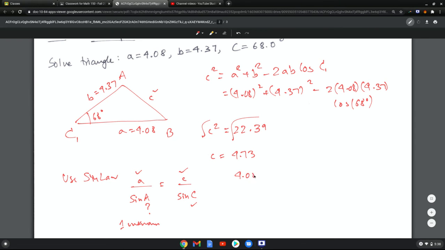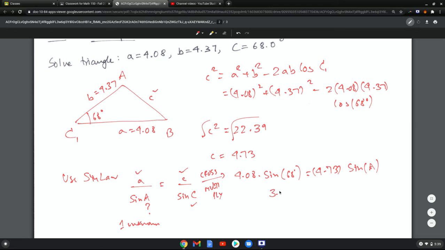So that gives me 4.08 times sine of 68 equals 4.73 times the sine of A. Going from here to here is I used cross multiply. Right, so the left hand side is 4.08 times sine of 68.